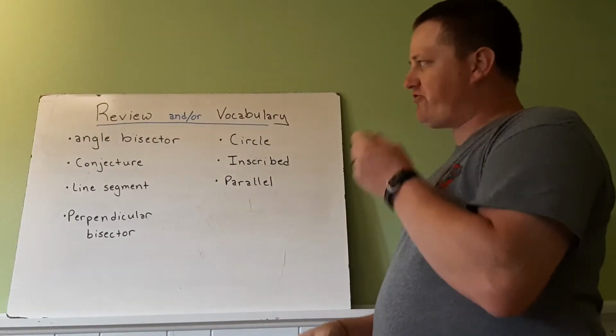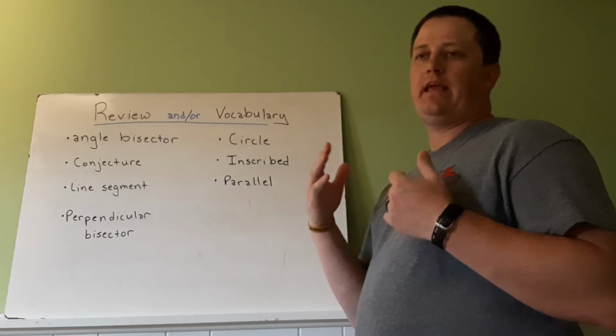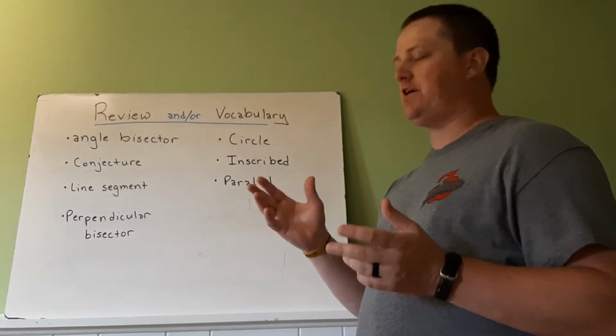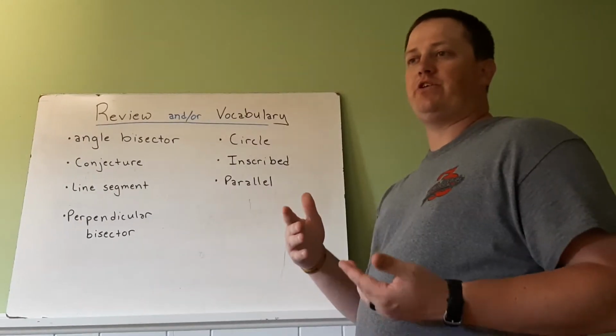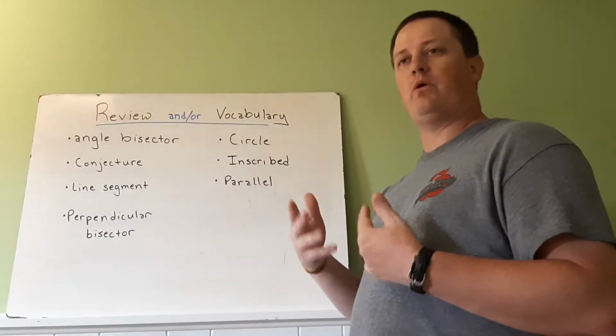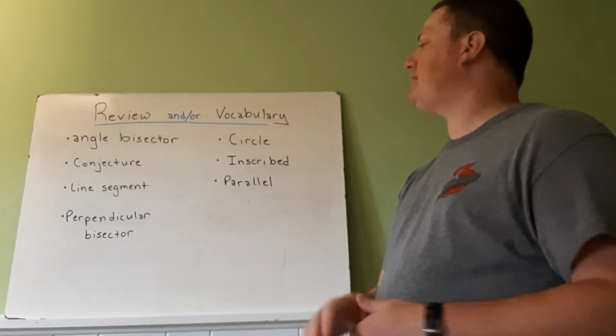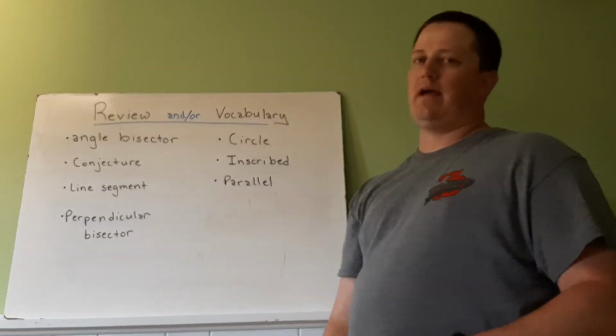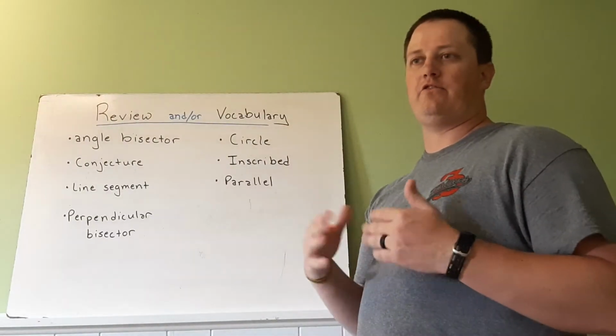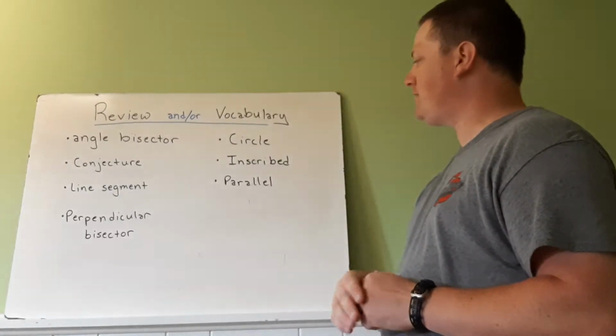We have our conjecture, which is our hypothesis, what we're trying to prove or disprove. Inscribed is a shape inside another shape. Line segment is a line that is straight and has two endpoints.